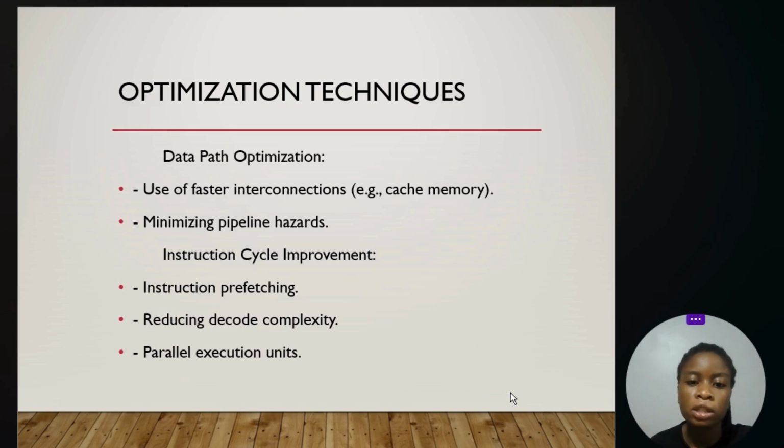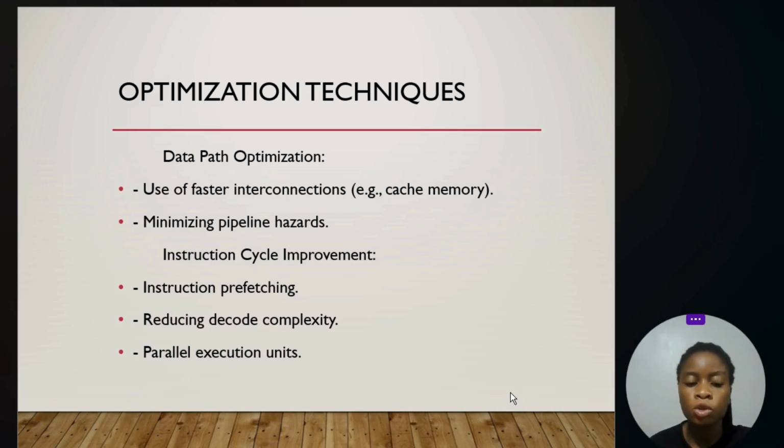For the instruction cycle improvements, we have instruction prefetching, a technique where the CPU retrieves instructions from memory before they are needed in the execution pipeline. Reducing decode complexity is the process of simplifying the translation of instructions into control signals for execution.